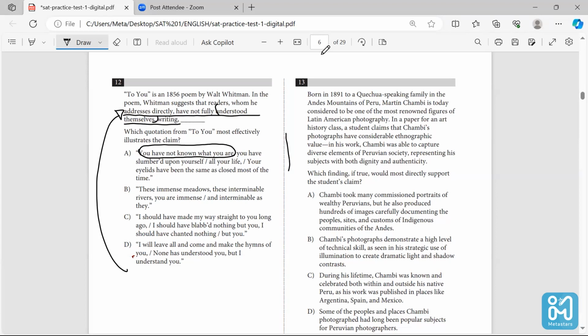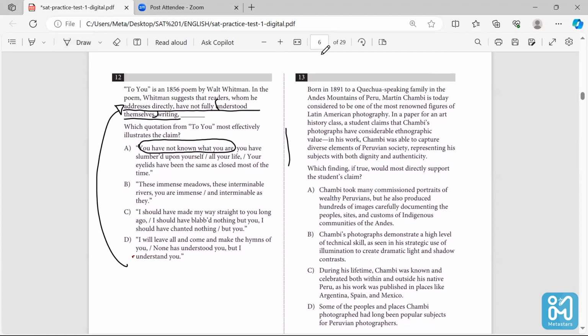Now, I have what, guys? Let's see. They say, what if true. Sometimes they ask you for finding true information that would support the student's claim. They're going to give you a topic this way, guys. This topic is students write a research, write something about a certain topic.